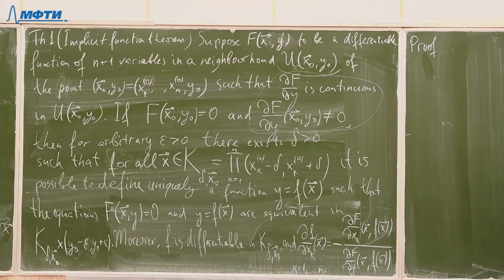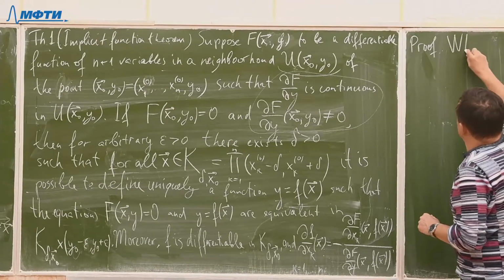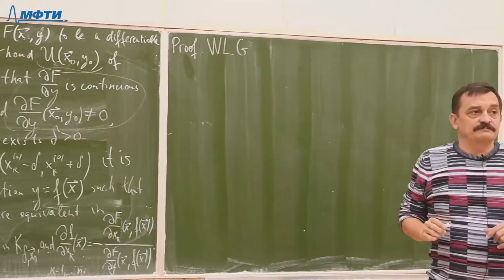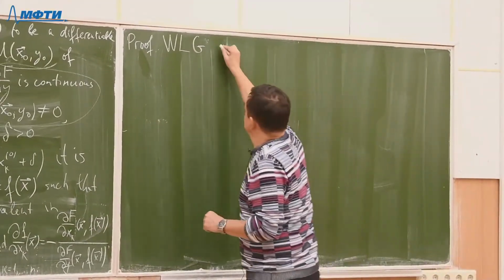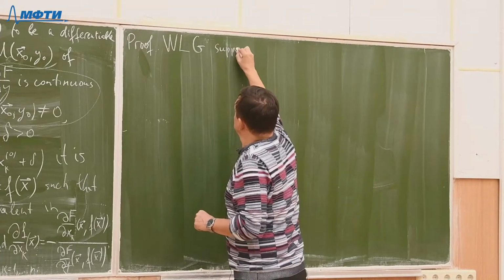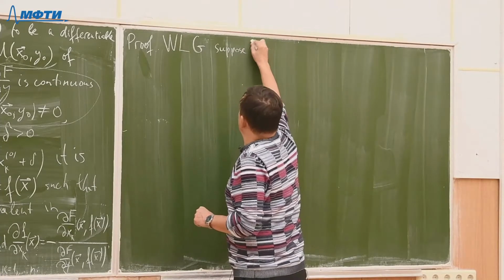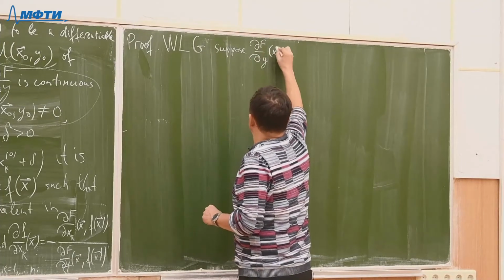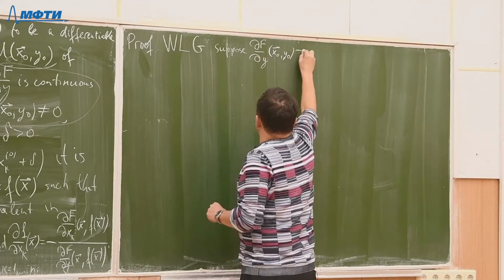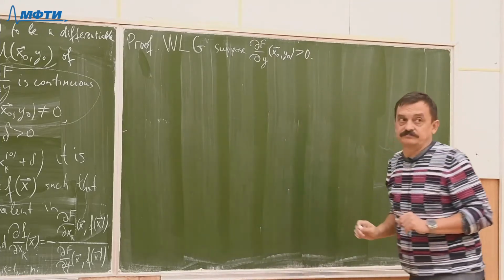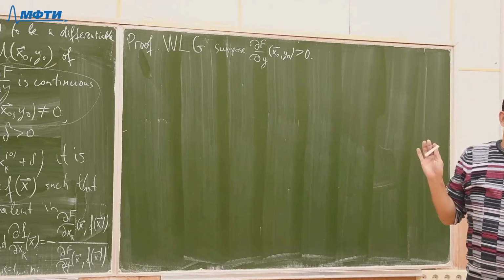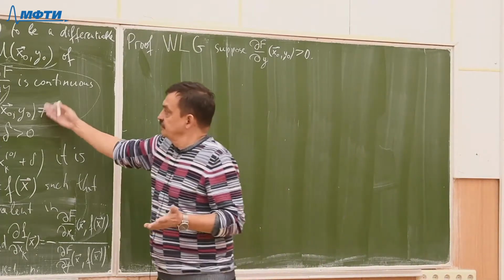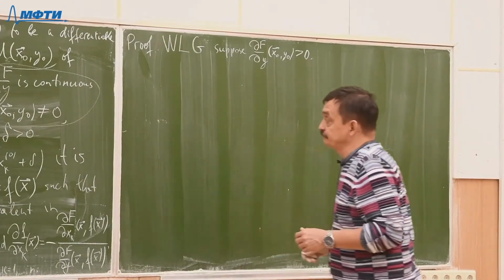First of all, without loss of generality, suppose the partial derivative of f with respect to y is positive, just to fix it, because it doesn't matter whether positive or negative.